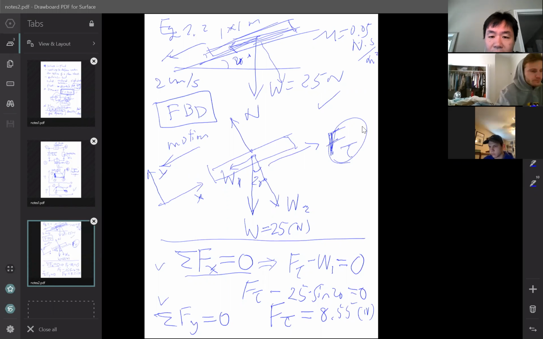When you detach an object from the other object, which in this case means you detach the board from the oil film, then you have to replace it by an internal force between the two objects, between the board and the oil film.